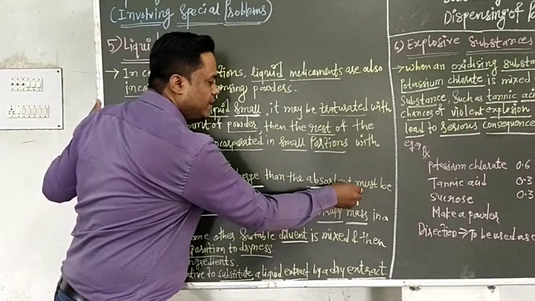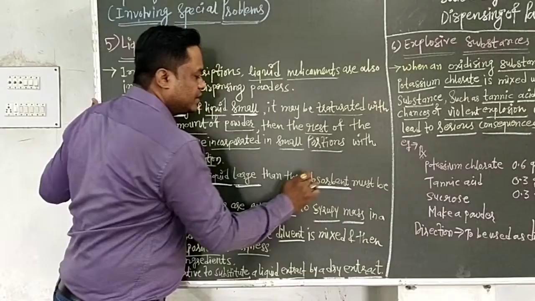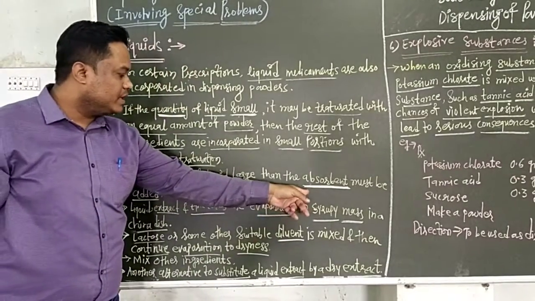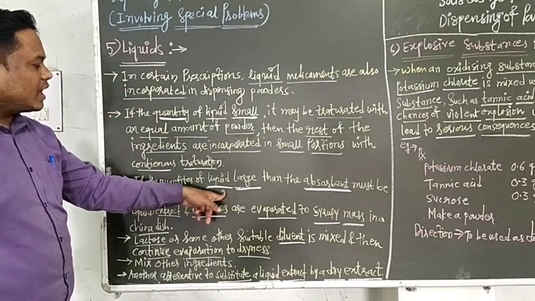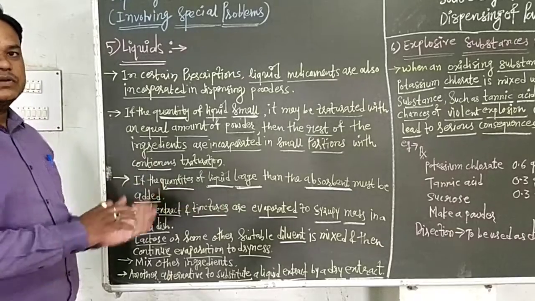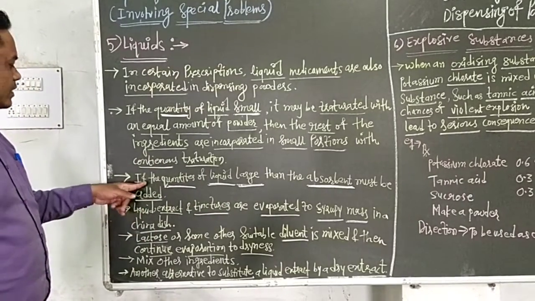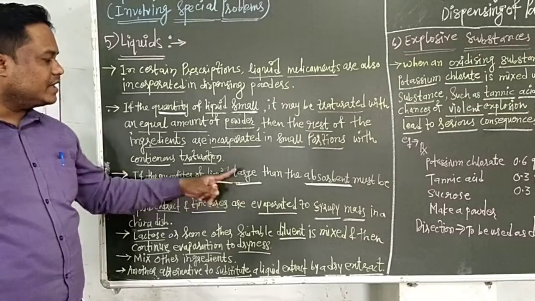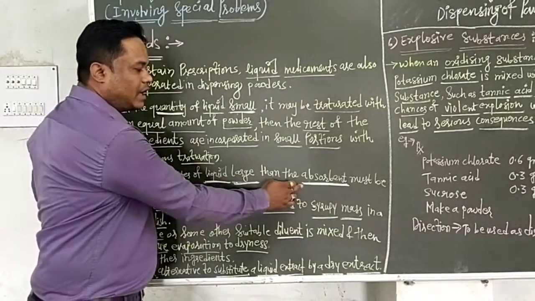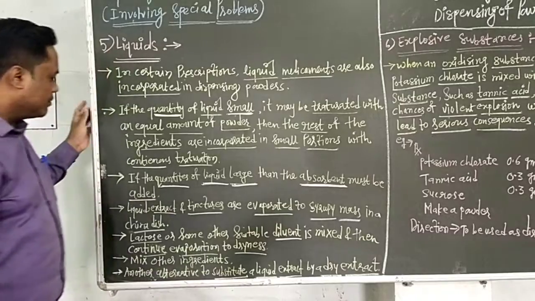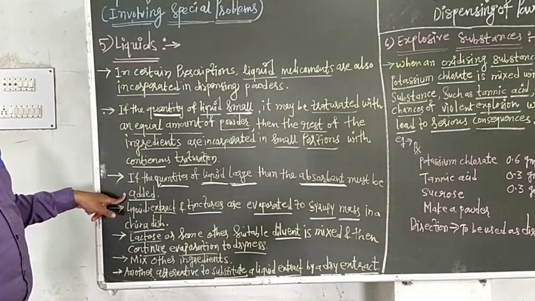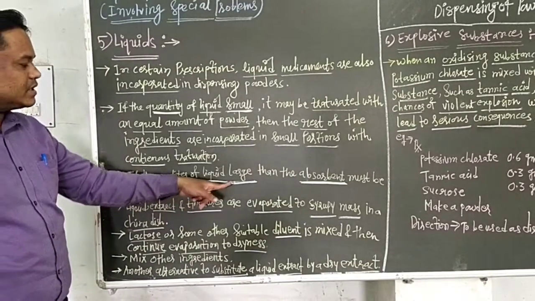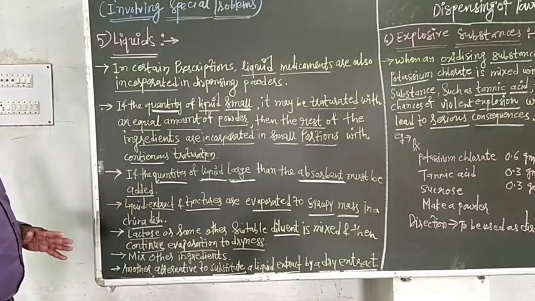This absorbent absorbs the large amount of liquid and gives a free flowing powder. So if the quantity of liquid is large, we have to add an absorbent along with this large quantity of liquid.